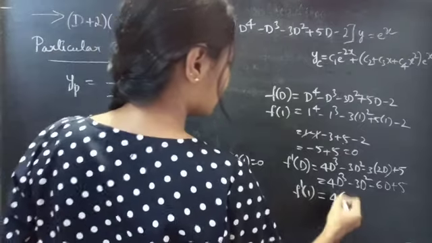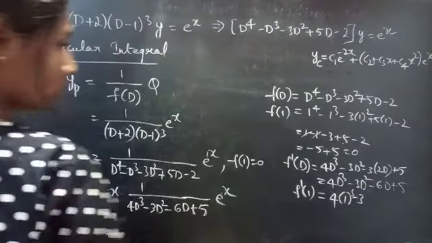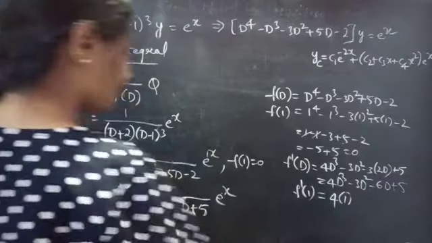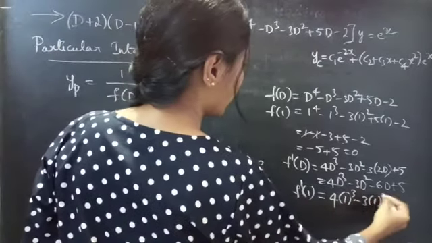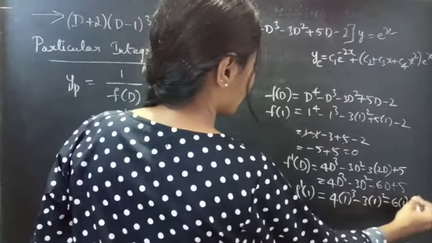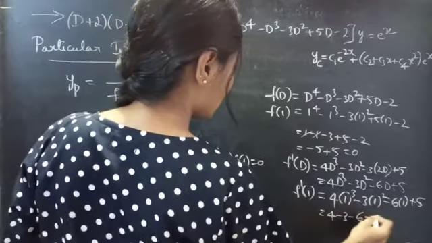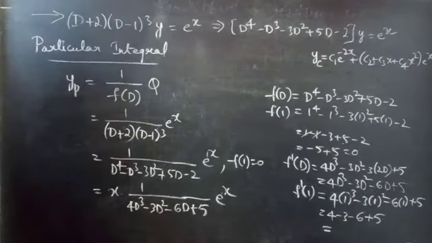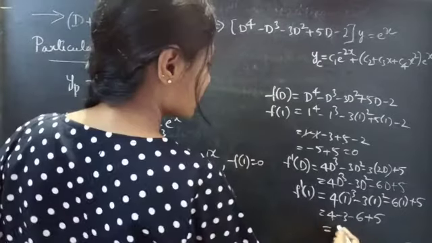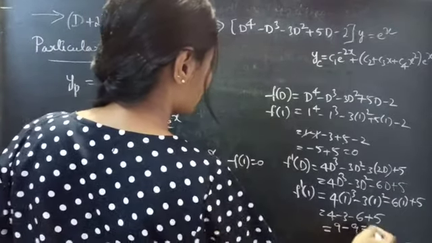We'll get 4 into 1 cube minus 3 into 1 square minus 6 into 1 plus 5 equals to 4 minus 3 minus 6 plus 5 equals to 4 plus 5. 4 plus 5 is 9. Minus 3 minus 6 is minus 9. 9 minus 9 is 0.